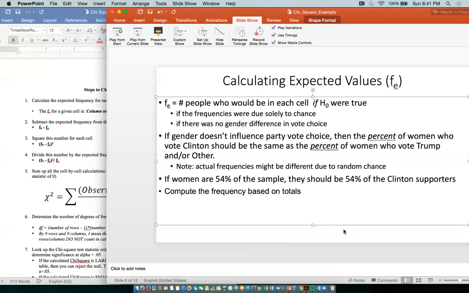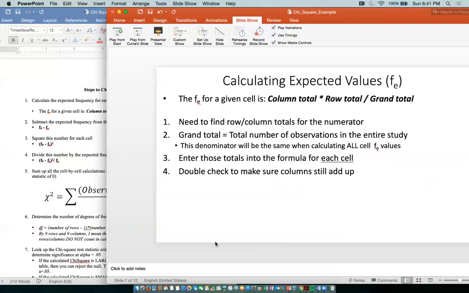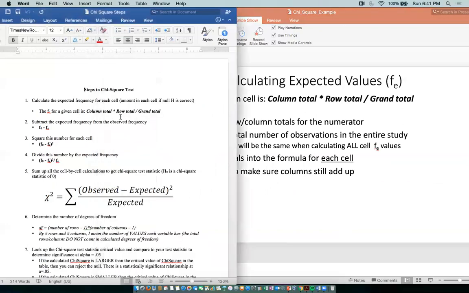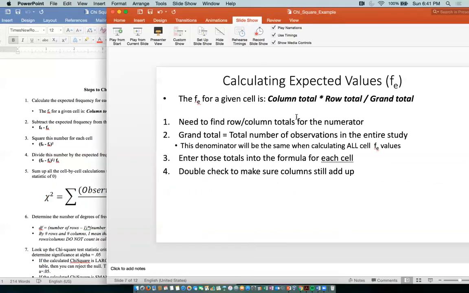So based on that logic, I'm going to compute the frequency based on our totals. And this is our overall formula to do this. And this is also listed here in the steps to the chi-square. So to figure out the expected value for each cell, the F sub E, we have a column total times a row total in the numerator, and that's going to be divided by the grand total in the denominator.